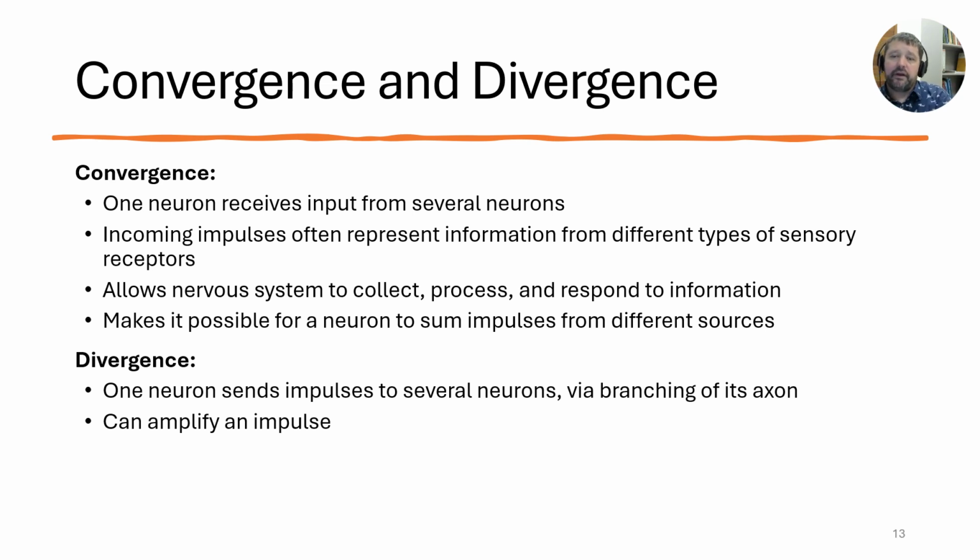And then in the opposite direction, a single neuron sending multiple impulses back to those regions. You might have a bunch of skeletal muscles, and so a lot of different skeletal muscles being excited at the same time in the same region.